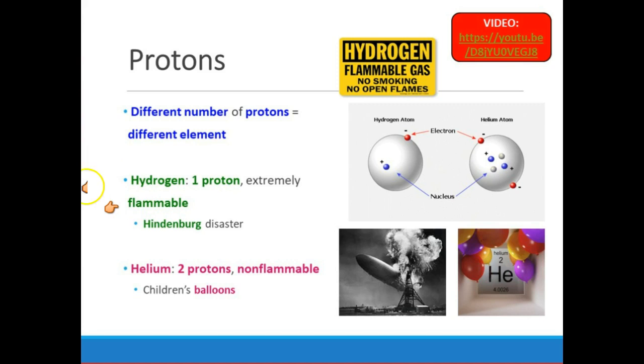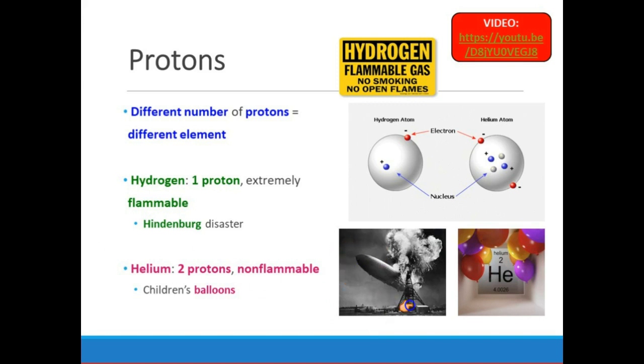Now, people used to use hydrogen because hydrogen is also really good at making balloons float, but this actually led to what's called the Hindenburg disaster. What you can see down here is an aircraft, kind of like a blimp, smiley face if you have ever seen or heard of a blimp.